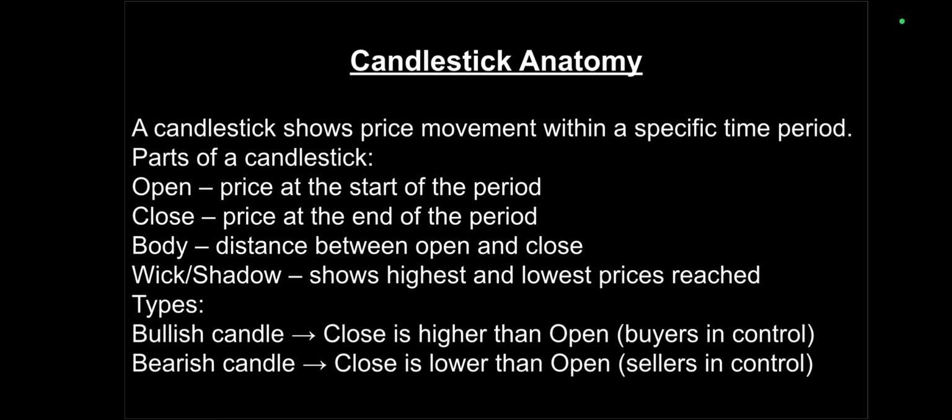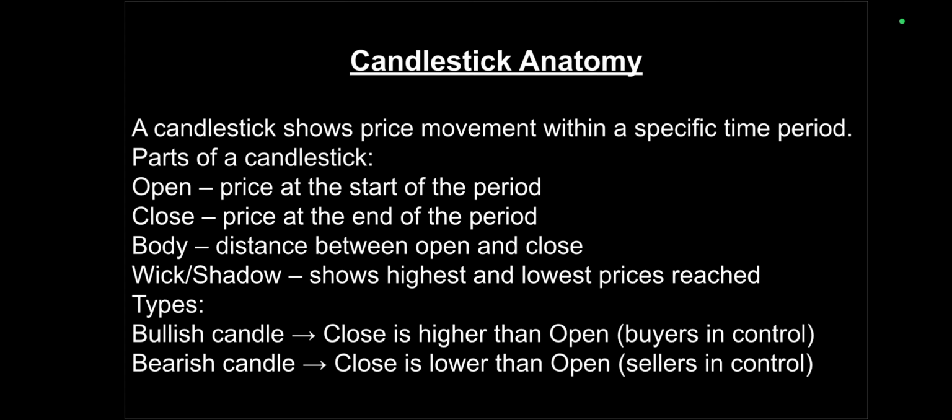The bullish candle's close is higher than its open, so the close of the bullish candle is always above the previous candle's close, while the bearish candle's close is lower than its open. The close of the bearish candle is always below the close of the previous candle.